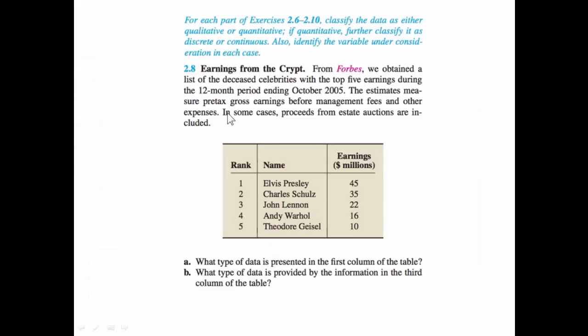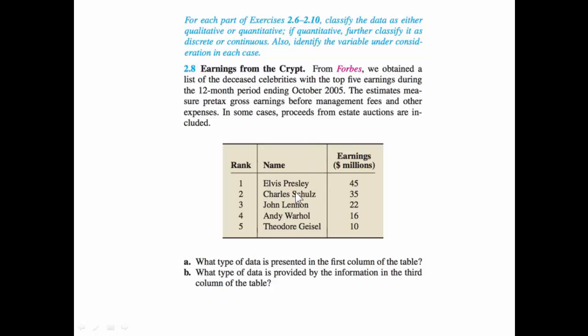Okay, here's a problem from the book in which we are asked to consider this collection of data and to describe each item in it as qualitative or quantitative. So, ranks, those are always quantitative. They're also ordinal, as we will see in a moment.